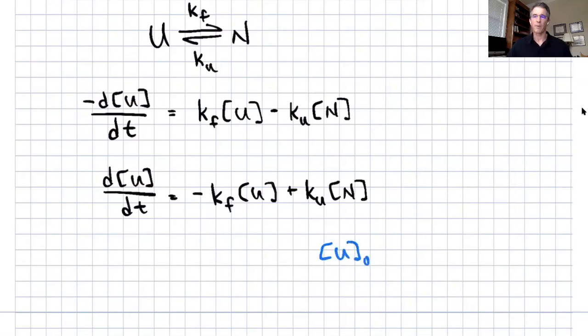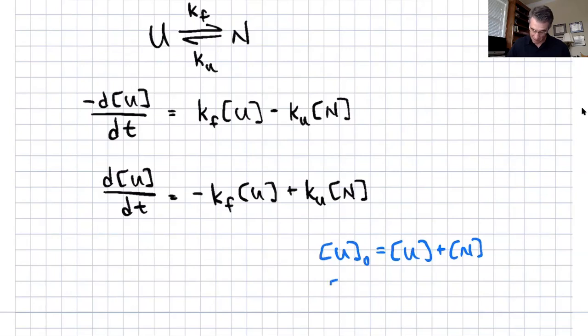that we start with, remember, we're starting this reaction from a fully unfolded state. Well, we know that what has to be true is that that's the total amount of protein we put in, which means at any given time, the amount of unfolded protein plus the amount of the native protein must equal the amount we put in to begin with, U sub 0.